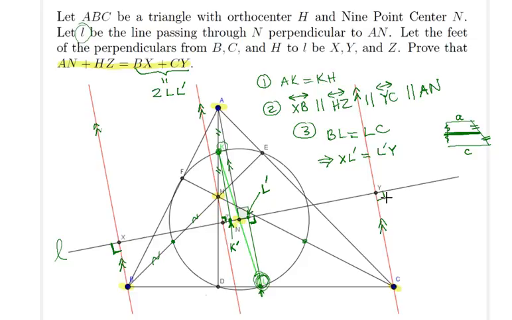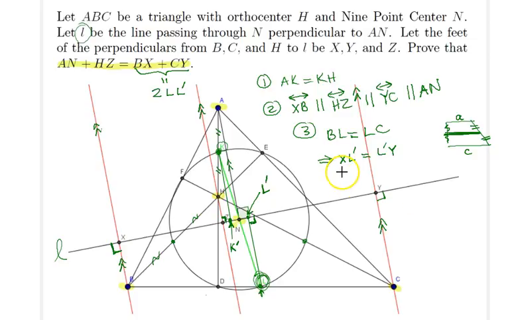And now again we have a similar picture. HZNA is a trapezoid, and we know the midpoint of HA is K. It must be that K prime is the midpoint of ZN.